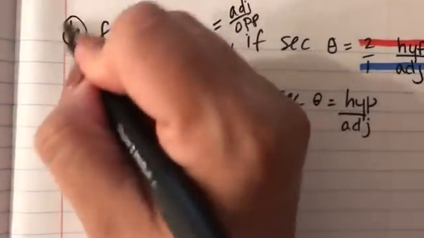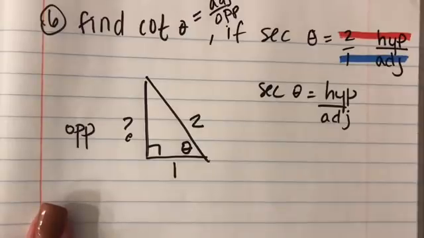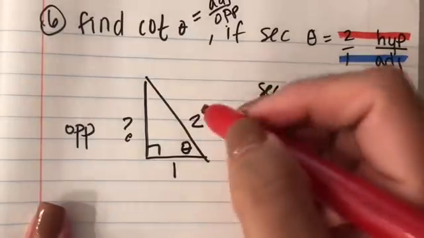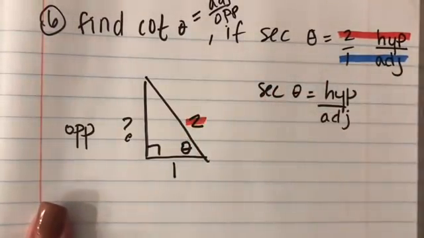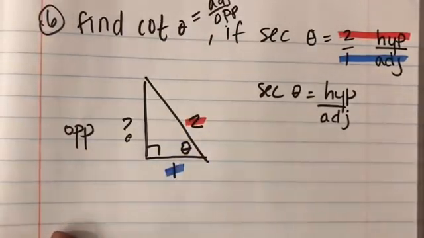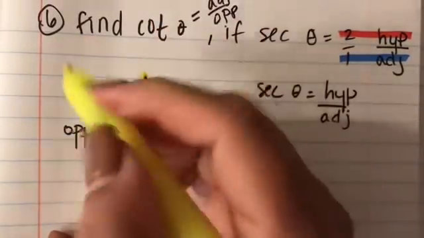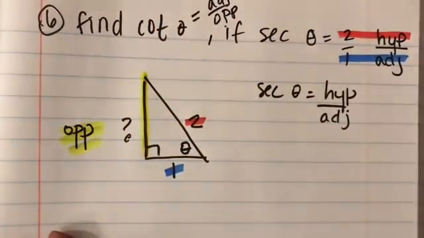This is number 6. From here, we're going to use the Pythagorean theorem to find the opposite side. We're looking for this side right here, which is the opposite side.